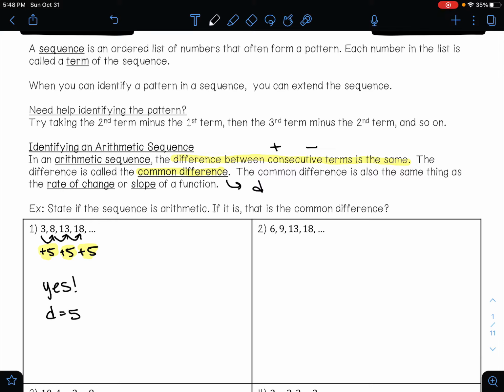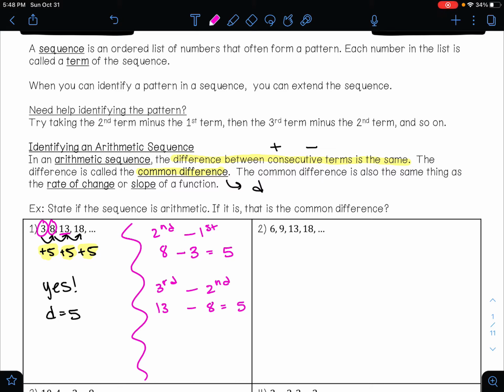Now, if you're like, okay, I'm not really sure how you knew the pattern so easily, if you're getting stuck, do the second term minus the first term. So my second term is 8 minus the first term is 3. 8 minus 3 is 5. Let's try that again by doing the third term minus the second term. The third term is 13 minus the second term is 8. 13 minus 8 is 5.